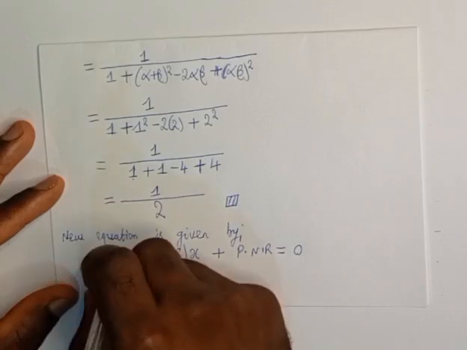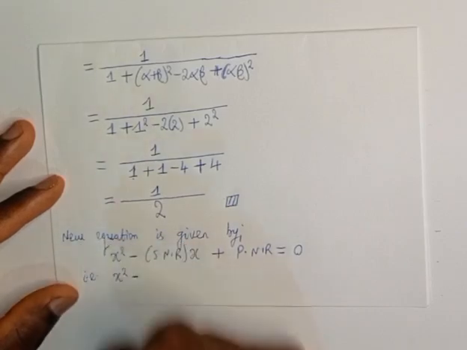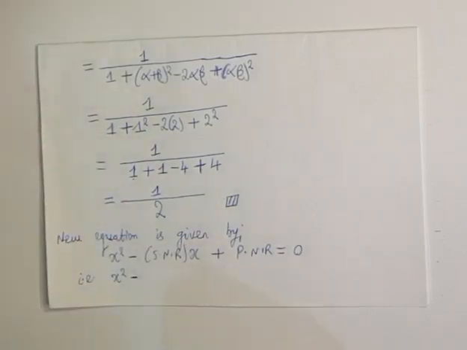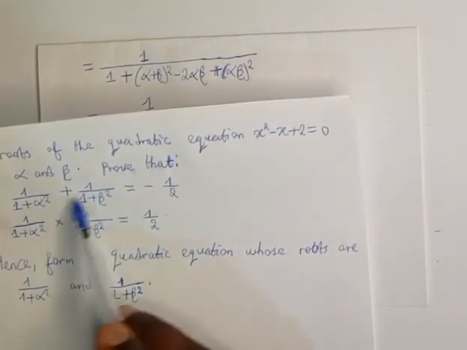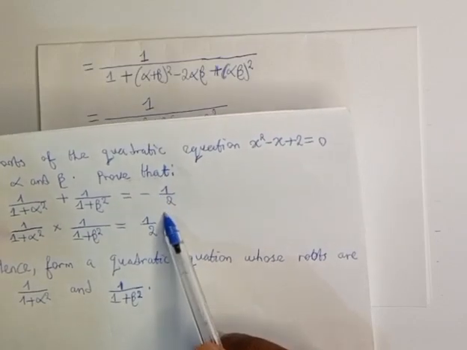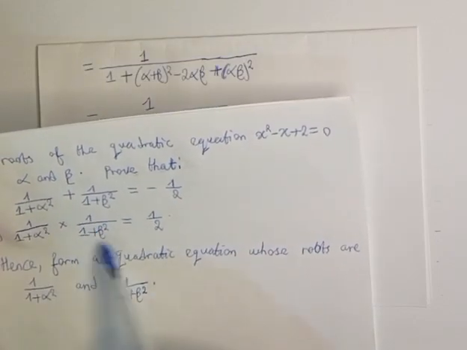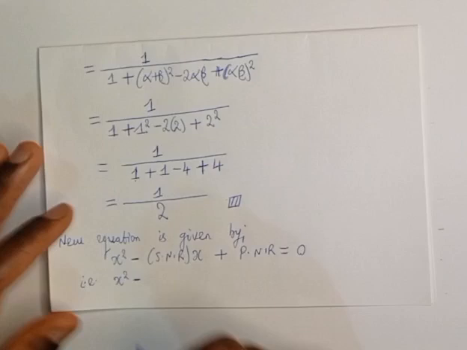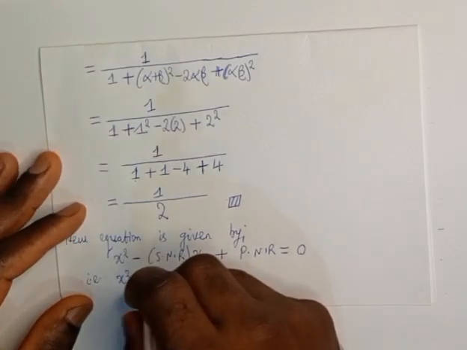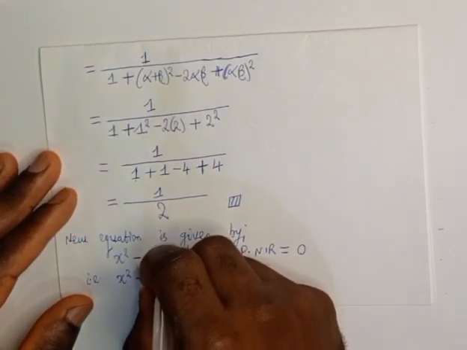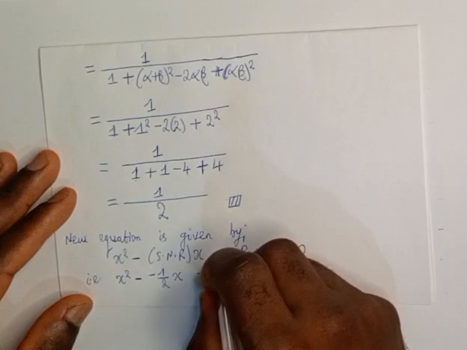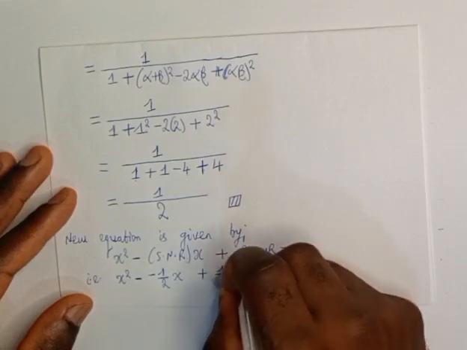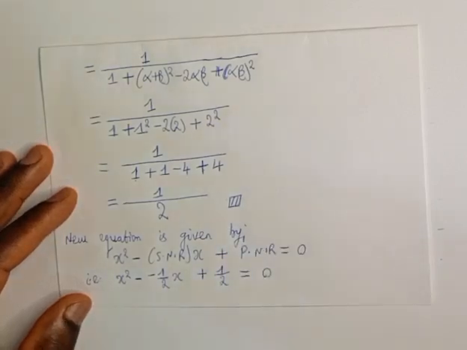Remember, we showed that the sum of these two roots is equal to negative a half, and the product of these two roots is equal to a half. We are going to insert them here. This will give us x squared minus negative a half x plus the product of new roots, which is a half, is equal to 0.